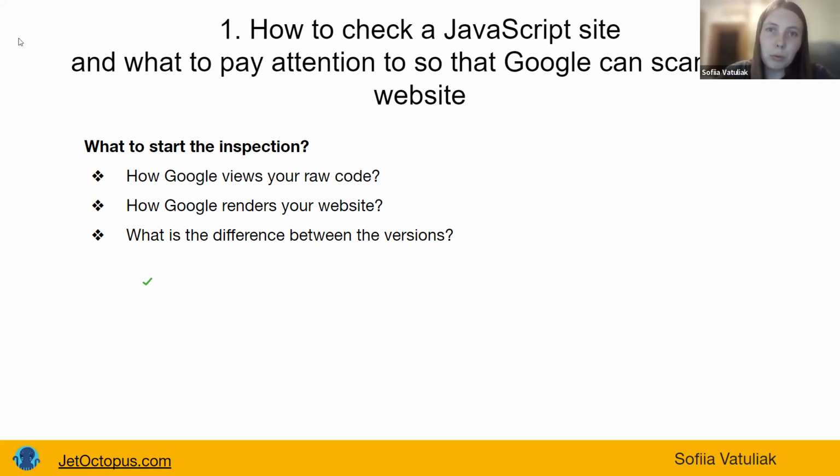I had a few cases in my practice where we used dynamic rendering, and unfortunately, dynamic rendering was broken, and Googlebot saw raw code with noindex, and during 3 hours, we lost all our positions.